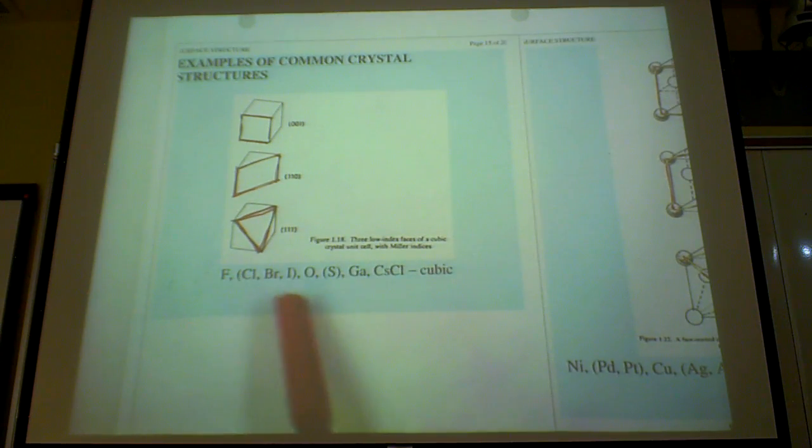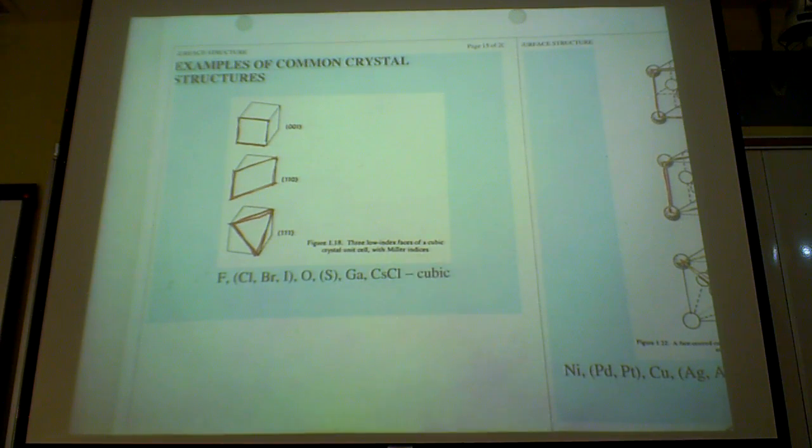Simple cubic structure, not face-centered cubic or body-centered cubic. One curious and well-known fact is that transition metals do not have simple cubic structure. You look in the periodic table, you will never find a transition metal with cubic structure.